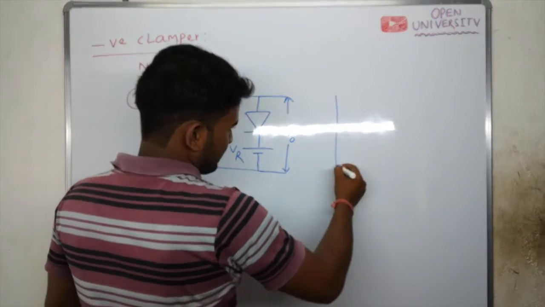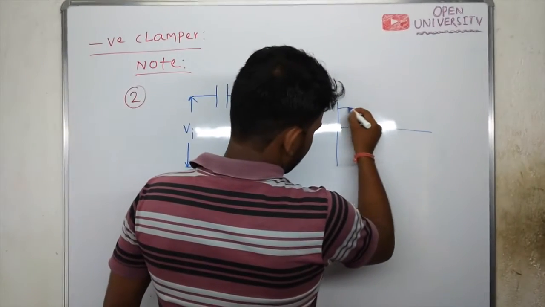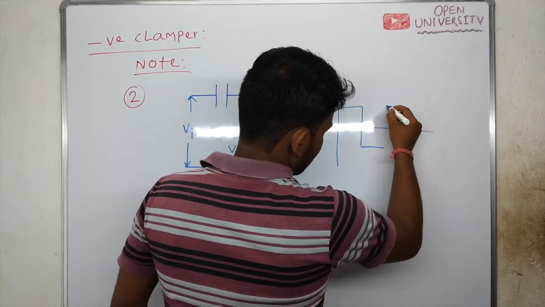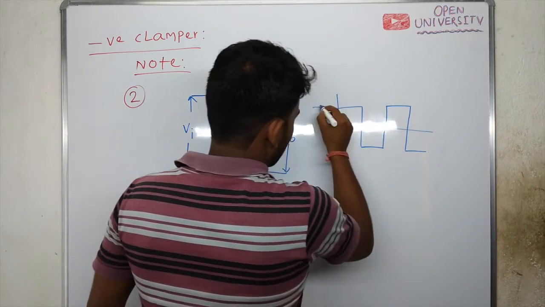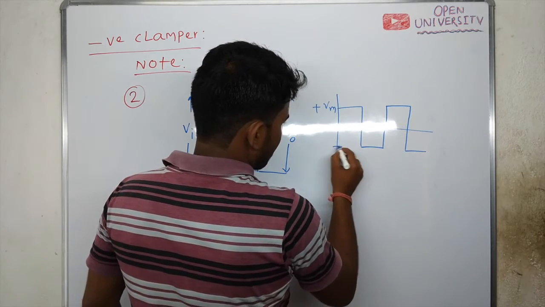I am assuming the input is a square wave signal between plus Vm and minus Vm. This is plus Vm and this is minus Vm.